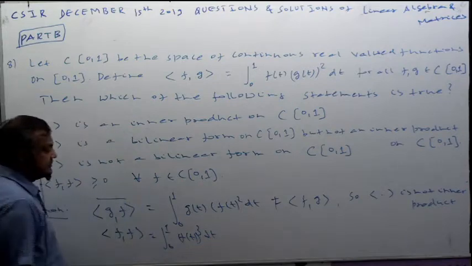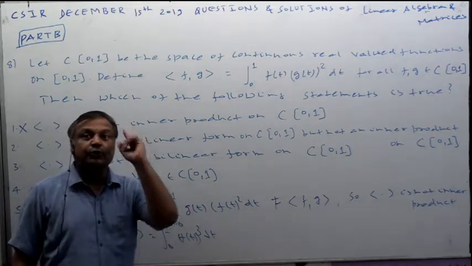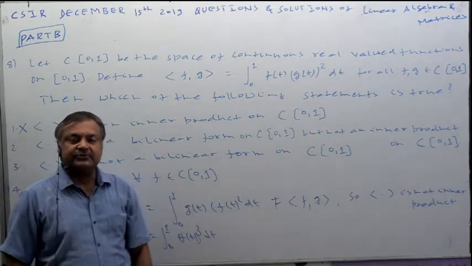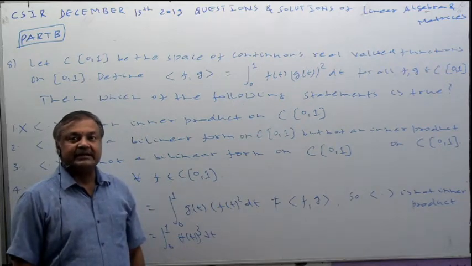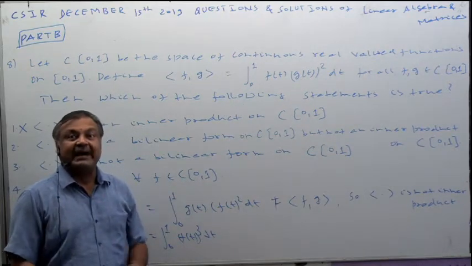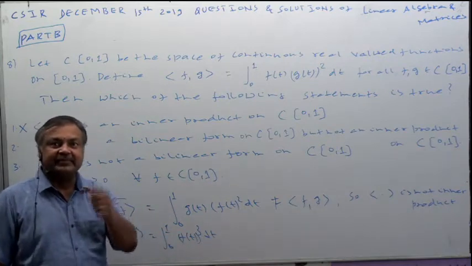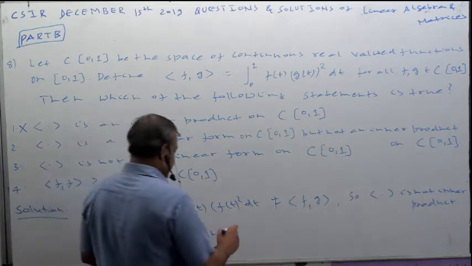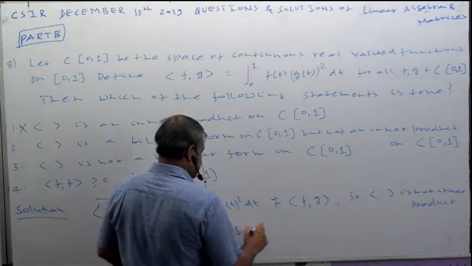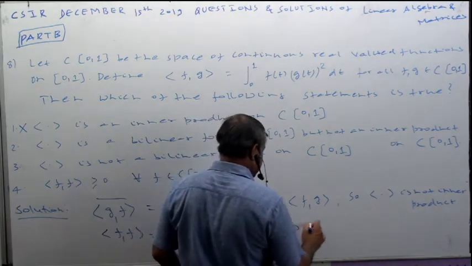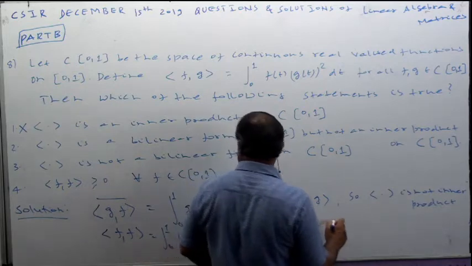And do you know, for a continuous function, its whole cube can be negative also. For example, if I take continuous function f(t) equals minus t, then minus t whole cube, its integration will become negative. So this is not greater than or equal to 0 for all f.